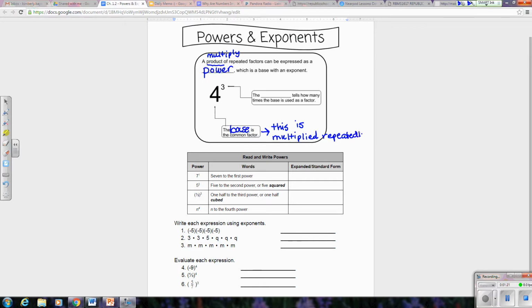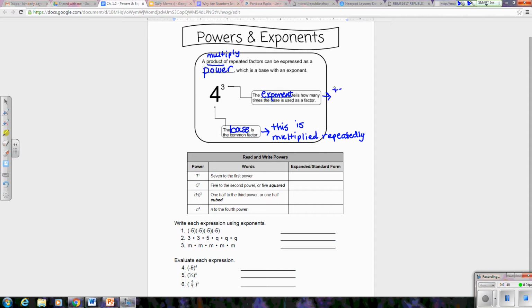And then the exponent right here, this little number, the small number, this is the exponent. This tells us how many times to multiply the base. Okay? The exponent tells how many times the base is used as a factor. It tells how many times to multiply.